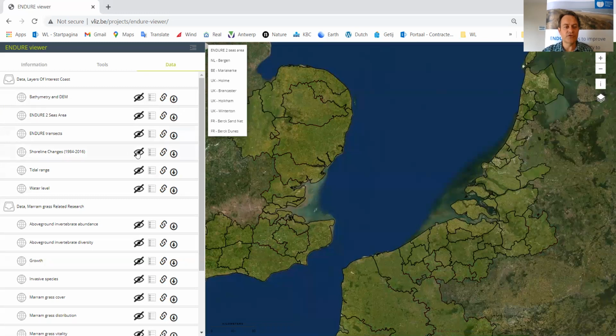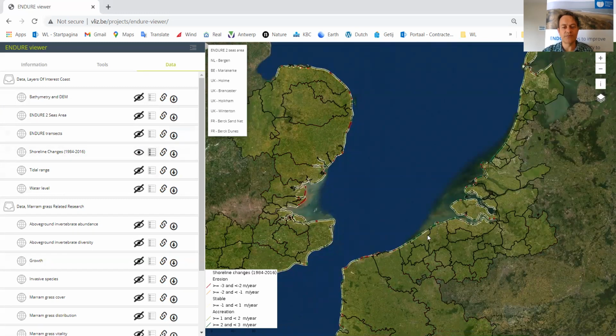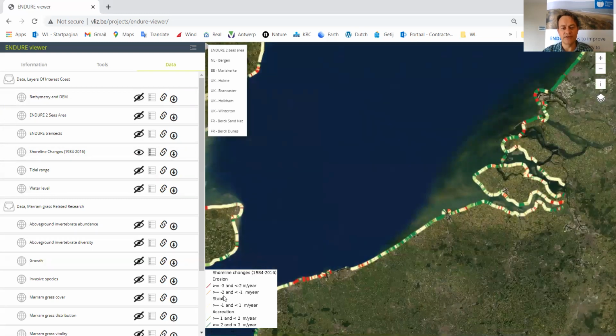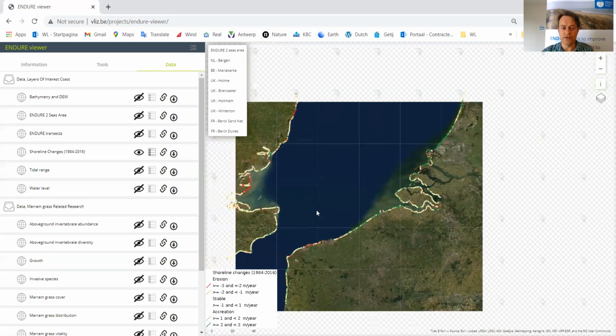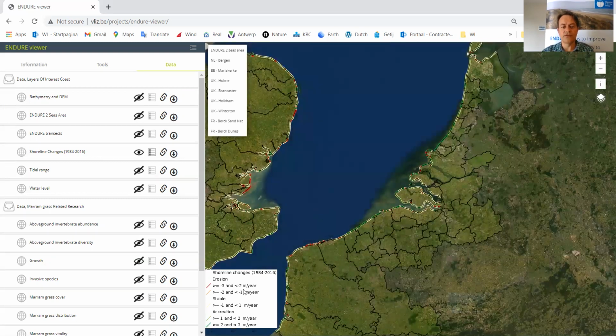Now, if we look, for instance, at the shoreline changes, we have again these profiles, but this time with the legend, which helps you again to have a general picture of the coast in the study zone. So different shades of green indicate different rates of accretion, and different shades of red, different rates of erosion. So this is also useful tool to have a good overview of the status of the whole area.